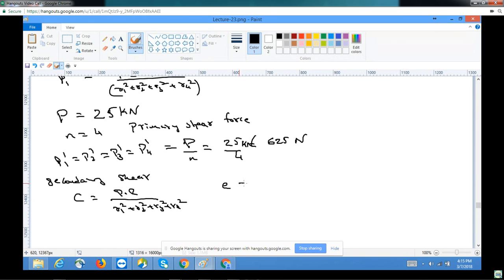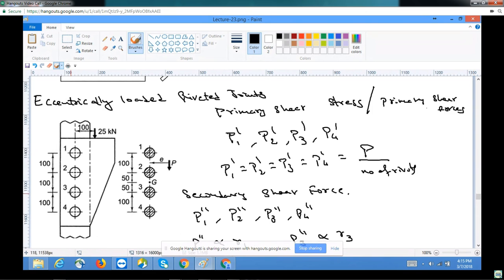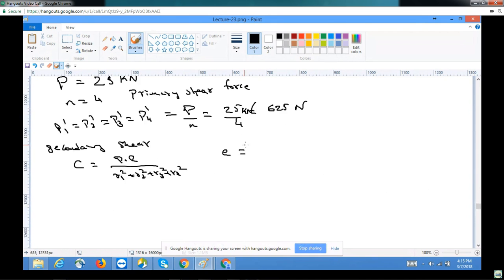In our case, E, from the line passing through the CG, is 100, R1 is 150 mm, R2 is 50 mm, R3 is 50 mm, and R4 is 150 mm.